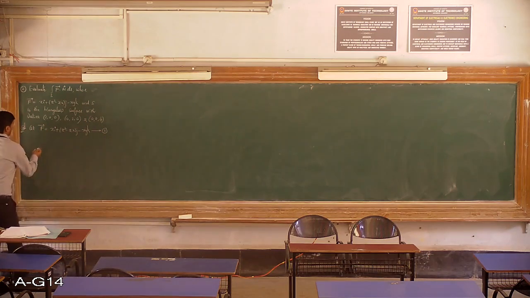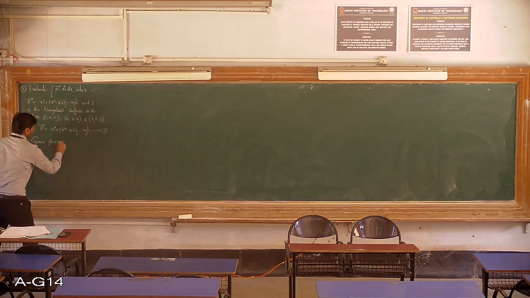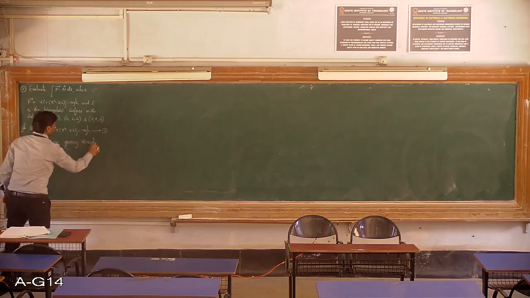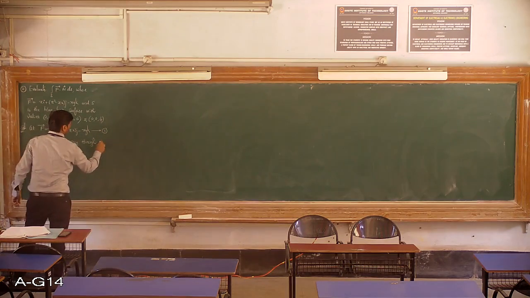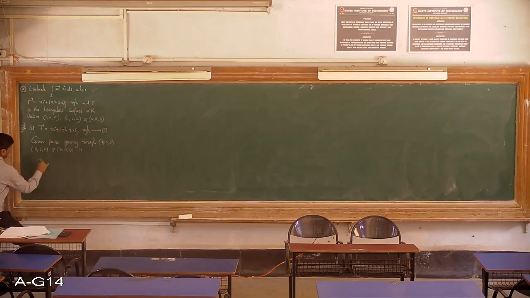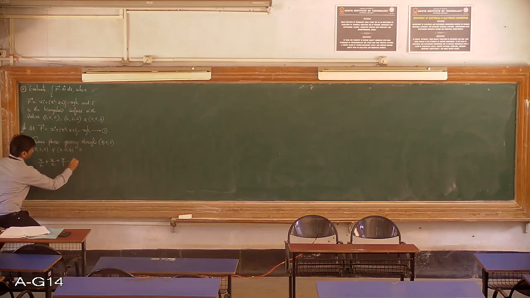So now the given plane passing through 2, 0, 0; 0, 2, 0 and 0, 0, 4 is x by 2 plus y by 2 plus z by 4 is equals to 1.